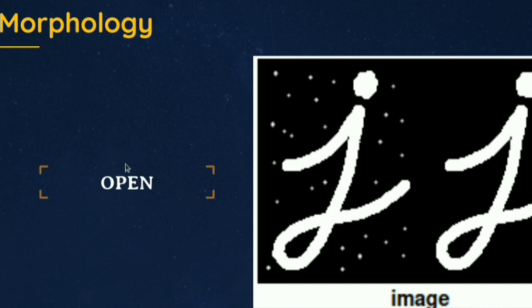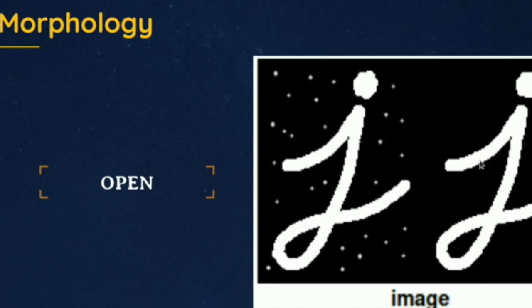In this function we remove the background noise. Suppose these white pixels are noise, and we want a clear black background, so we have to remove those white pixels. After applying the open function, which is one of the morphology operations, you will get a clear picture as the output.